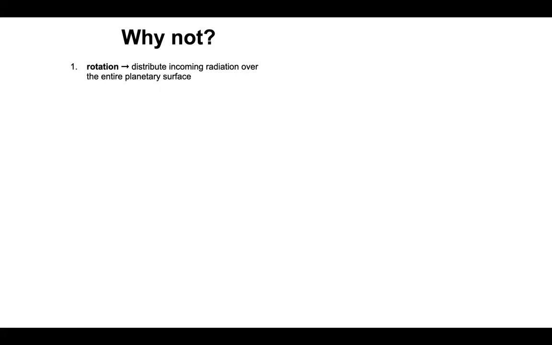If it's rotating too slowly compared to the time scale over which it's receiving radiation from the star, there would be one superheated side of the planet, and the opposite side would not be receiving very much energy at all. And so you'd have this very steep temperature gradient from a very hot side to a very cold side. Probably not great for habitability.